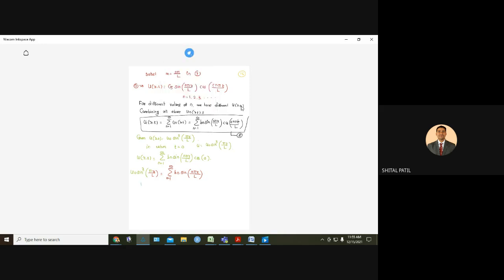Using what sine cube theta was written some time before, sine cube pi x divided by L will be 3 by 4 sine pi x divided by L minus 1 by 4 sine 3 pi x divided by L. So I'll write it here in the next step.